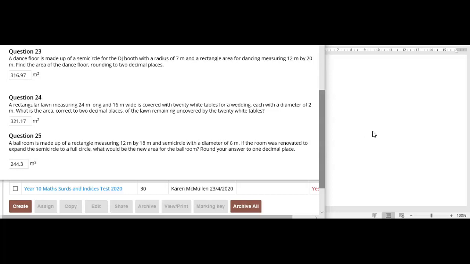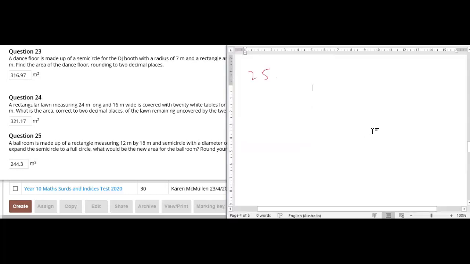Okay, so what a weird looking ballroom, but anyway, you've got a rectangle and we've got a circular ballroom. It doesn't really matter where the circle or the rectangle goes, as long as our question is right. So our rectangle is 12 by 18.